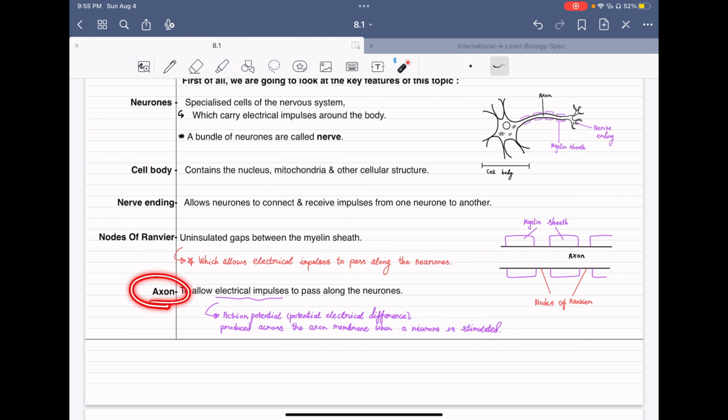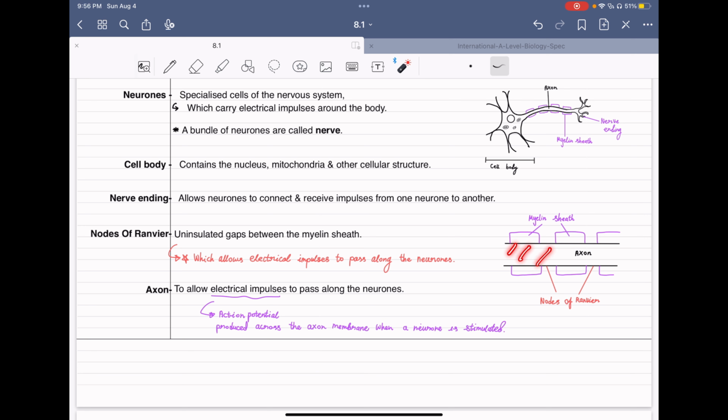And we have an axon, which allows electrical impulses to pass along the neurons, and this electrical impulse is also known as an action potential, which is produced across the axon membrane when a neuron is stimulated.